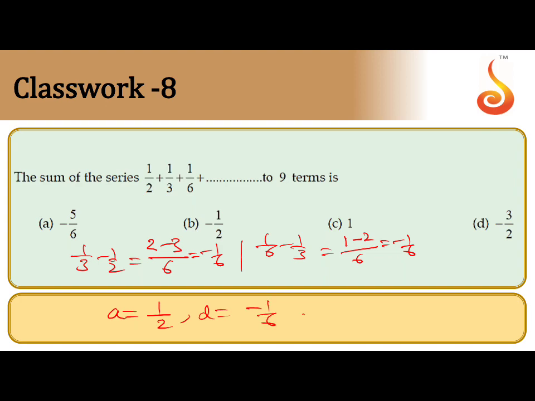So now we have to find S9 because they ask for the sum of 9 terms. I will solve it on the next page. So we want S9. S9 equals 9 by 2 into (2A + (9 − 1) into D). What is the A value? A is 1 by 2 and D is minus 1 by 6.